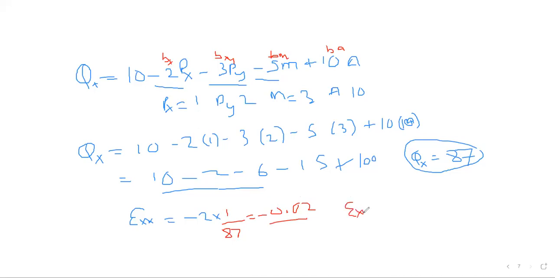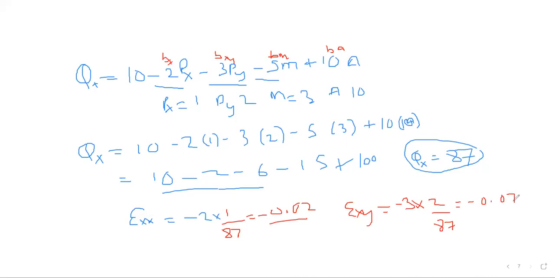Then when we go to XY, we're jumping from good X to good Y. The gradient here is -3. The price of good X is 2 over 87. The answer is negative 0.07.